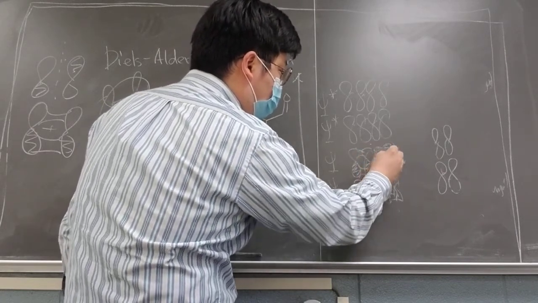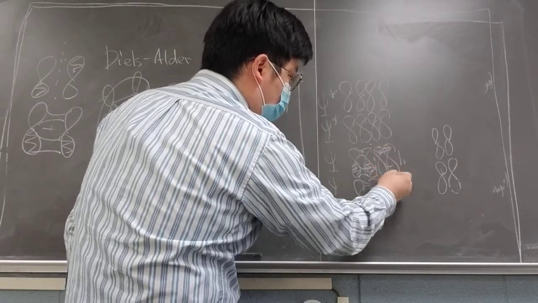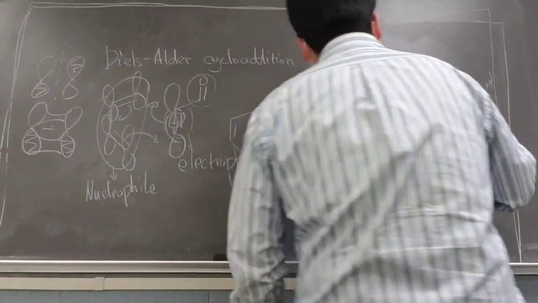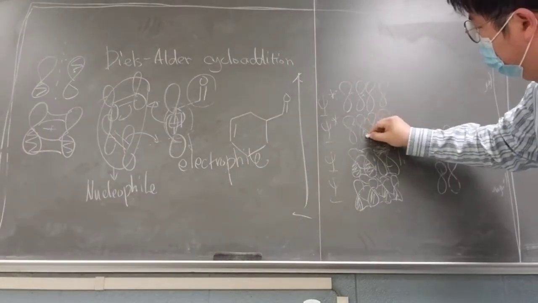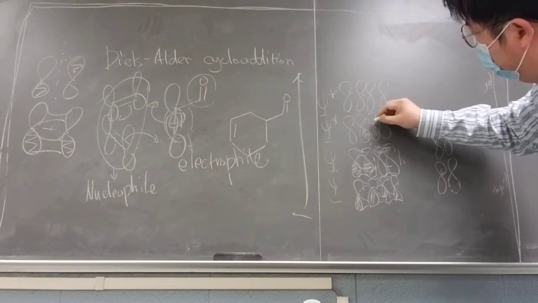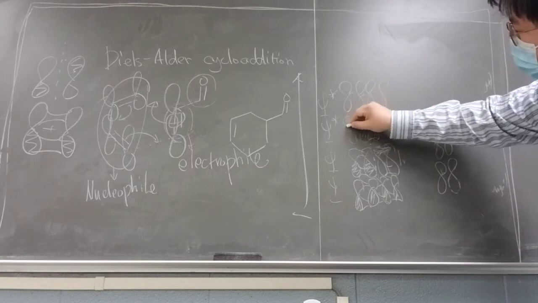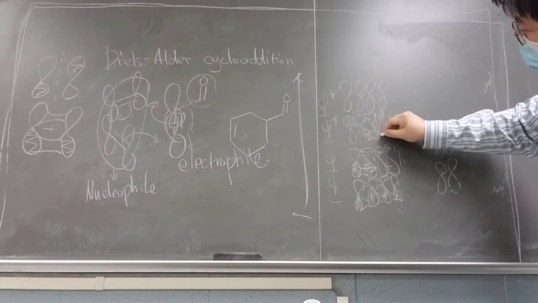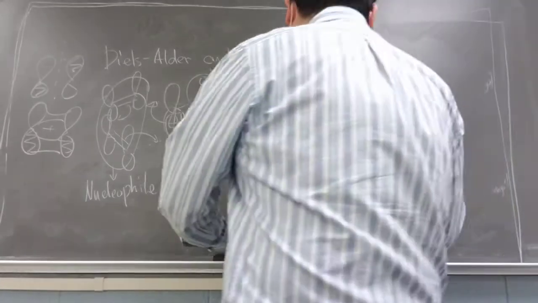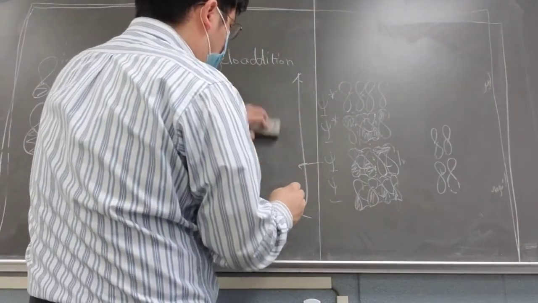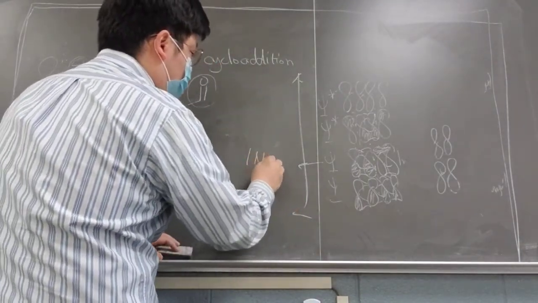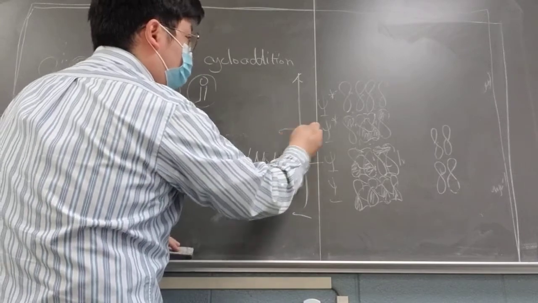So there is a node here, but these 2 can bond. Another one you can do is here, where they can be linked here, but on the side it's different. So this one has one node, and this one has two.